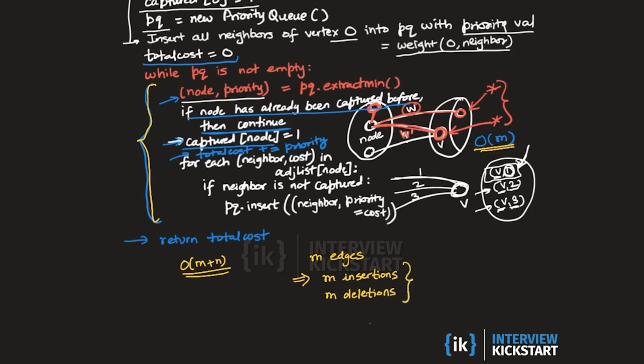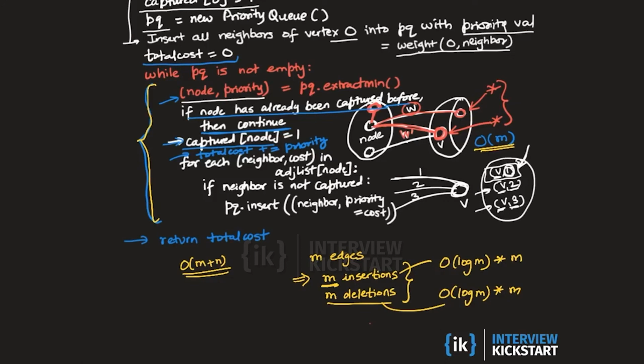So the heap size is order m. How long is it going to take to insert a new edge, or basically a new vertex with the cost of that edge as the priority value, into the queue? Well, each operation is going to take log m time, and this has to be multiplied by m because there are m of these operations, and likewise deletions are also going to be order of log m times m, because each deletion is log m and there are m of them.